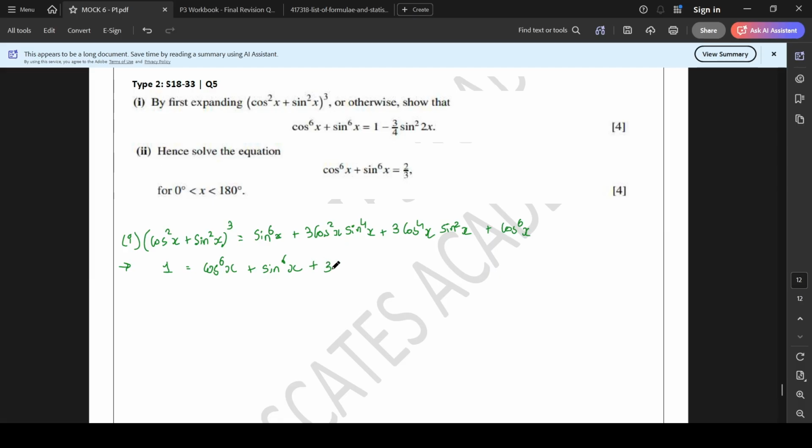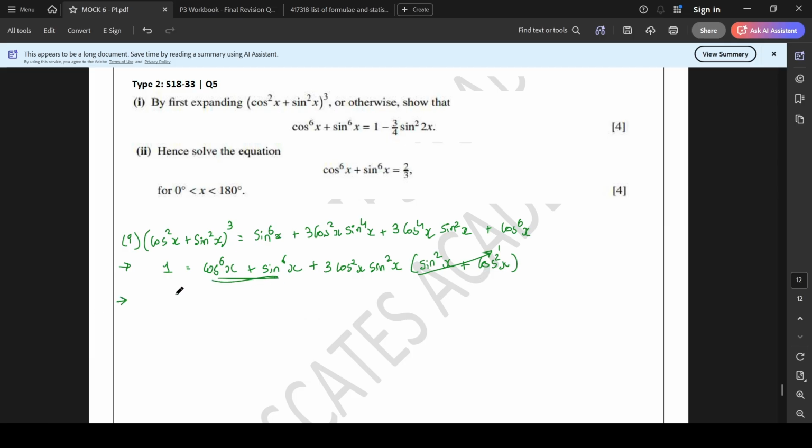So 3 cos square x sine square x. And if I multiply this term with the sine square x, I'll get the first term. And then if I multiply this entire thing with the cos square x, I'll get the second term over here. Clearly, I can see that this is equal to 1. I can move on to the next step.